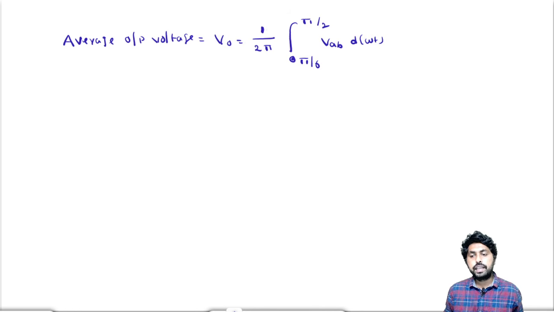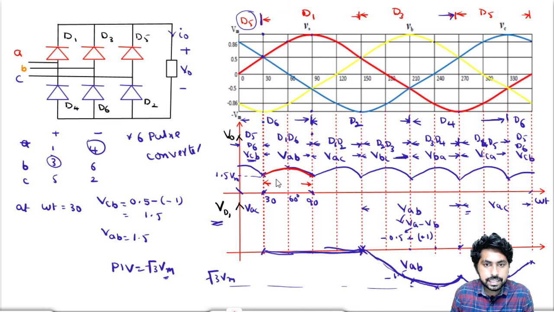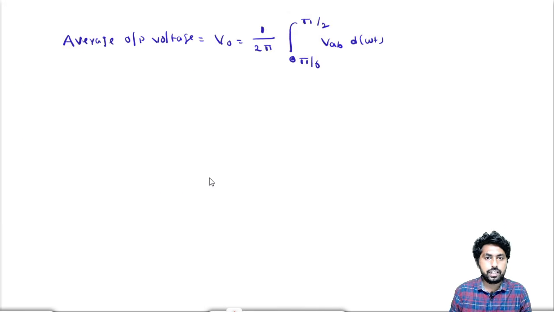Observe here, we need to find the periodicity first. The periodicity is 30 to 90 degrees. For every 60 degrees the waveform nature is the same. So we consider the periodicity as pi by 3 and take the limits as 30 to 90 degrees.